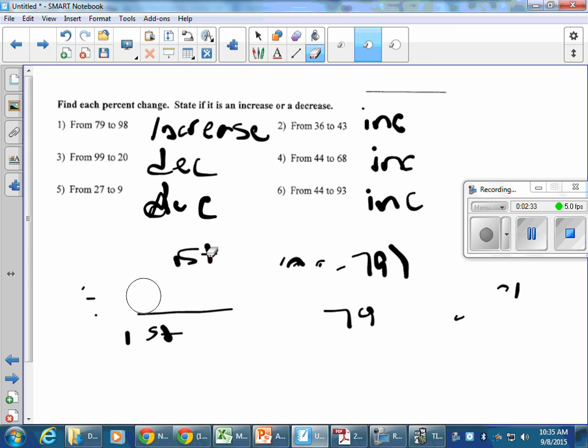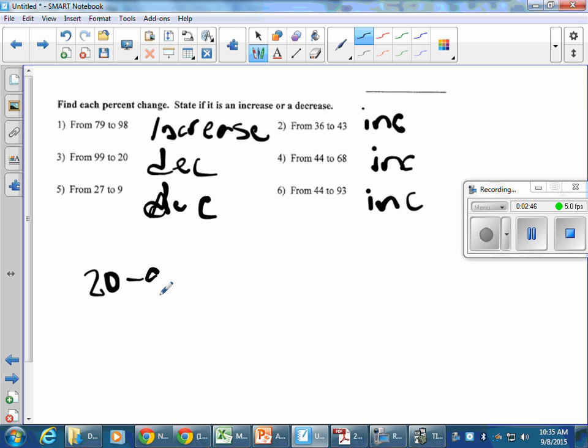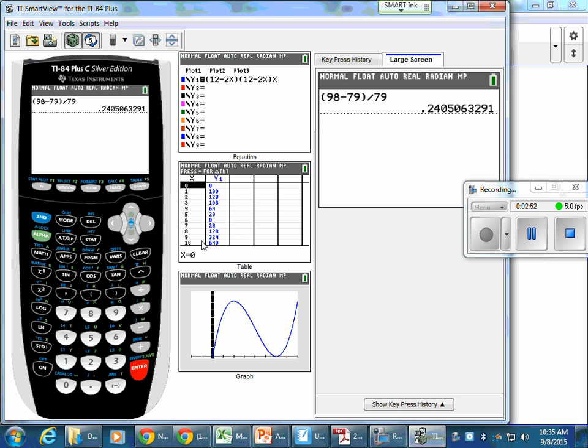So if it goes from 99 to 20, then my second number is 20. My first one is 99. So I'm going to go 20 minus 99, get an answer, and divide that answer by 99. So it would be parentheses 20 minus 99, divided by 99.